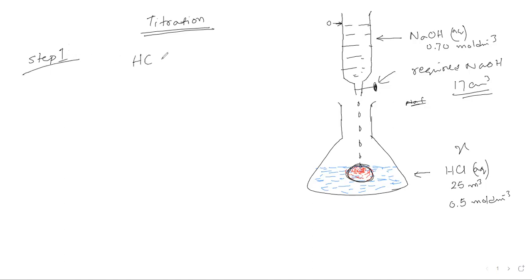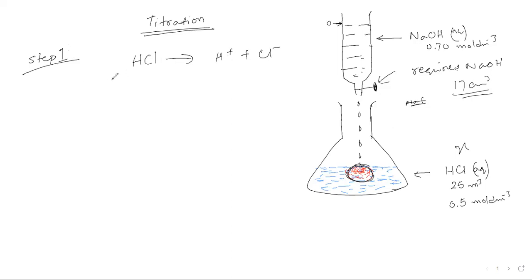We know in HCl, if we do complete ionization, we have H plus and Cl minus. So from every HCl we get 1 mole of H plus. So the molar ratio between HCl and H plus is 1:1. That means the concentration of H plus should be the same as that of HCl.